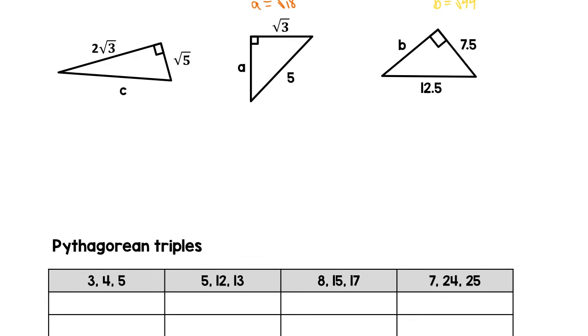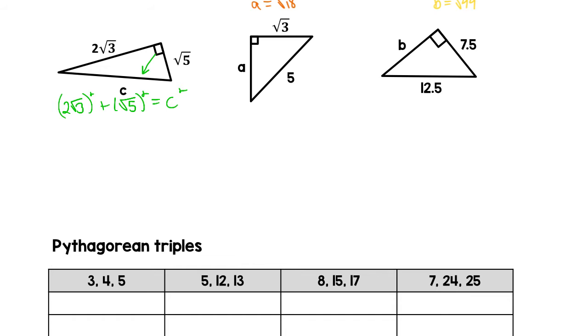They look a little more sinister because they've got some square roots in them, but it's not to make you afraid. It's going to be totally fine. Our hypotenuse is here at C. So we know we can do 2 square root of 3 squared plus square root of 5 squared equals C squared.